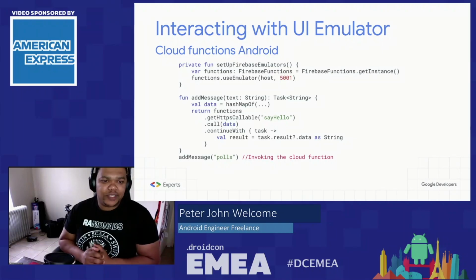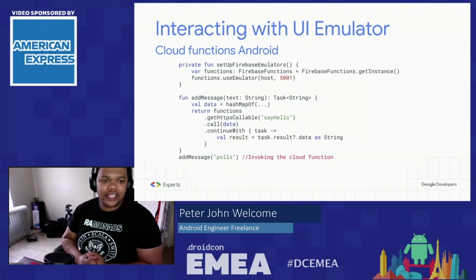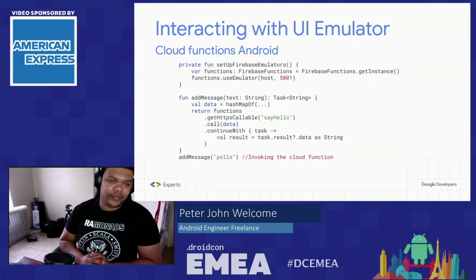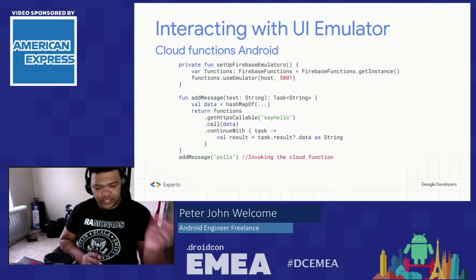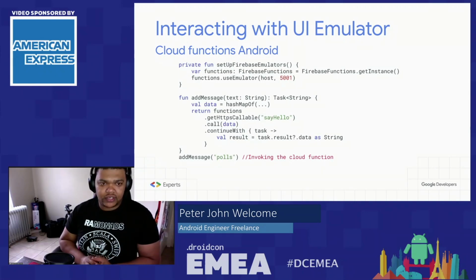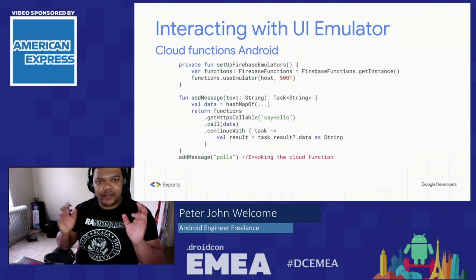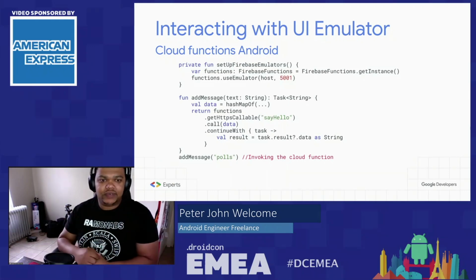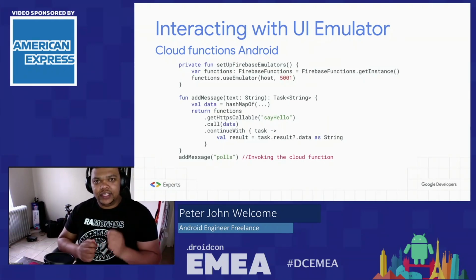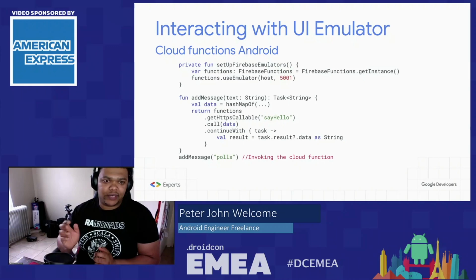So from an Android perspective, what we need to do here is that, as you saw in the beginning, I had a dependency for cloud functions. So you can access cloud functions through the SDK, and it will actually use your google-services.json to know where the endpoint is for this. So you don't have to directly access it through some kind of URL or anything like that.